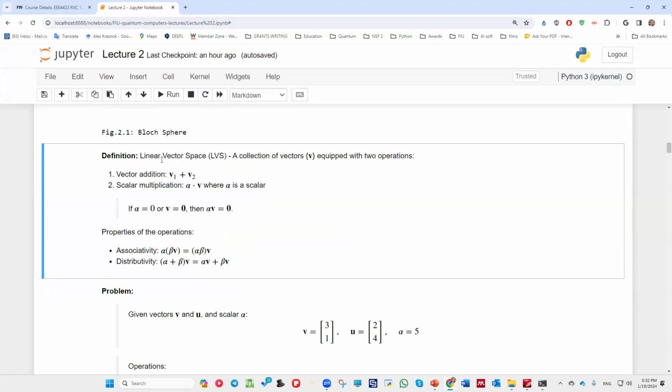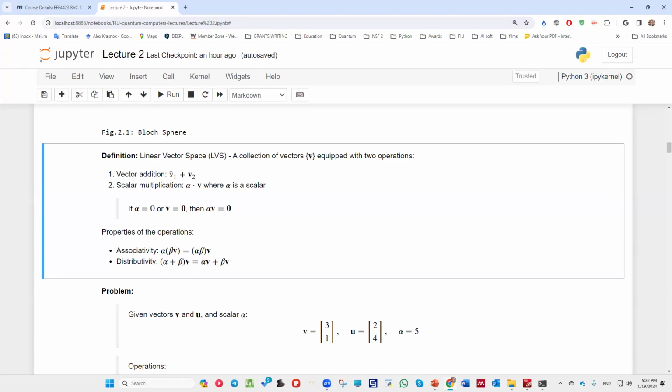So now the definition of a linear vector space. A linear vector space is a collection of vectors equipped with two operations. We have a set of vectors, and we say that this set defines a linear vector space if you can add vectors to each other, and this addition creates another vector in this space.